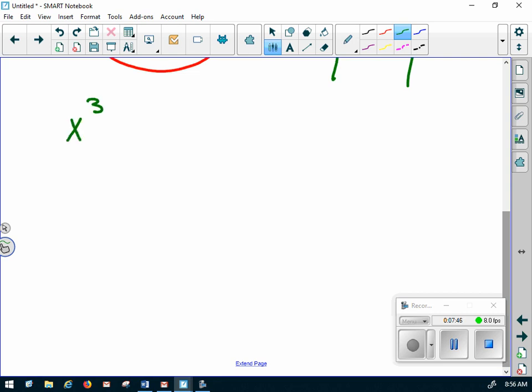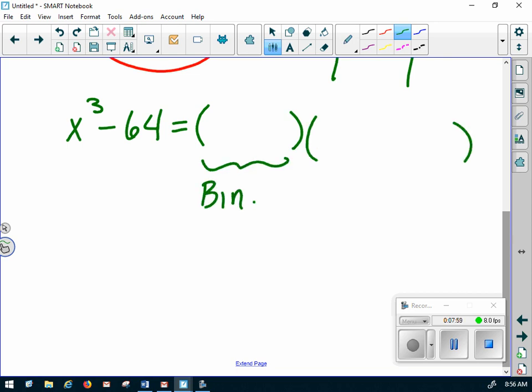X cubed minus 64. Now, here's the deal. When you factor a sum or difference of two cubes, it's always going to be a binomial times a trinomial. It will always be a binomial times a trinomial. What sign would sit right here? So, same.